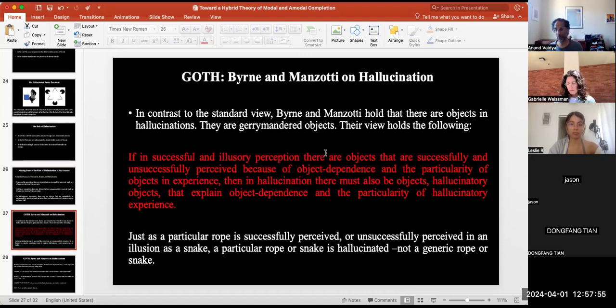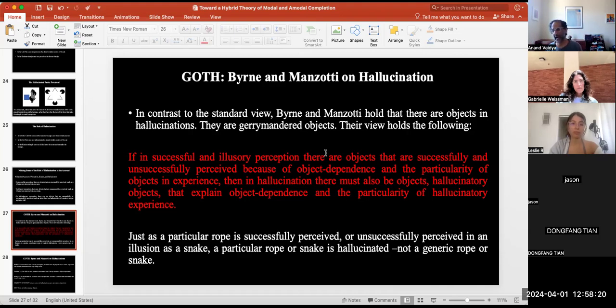Okay, so really recently, there has been a monumental challenge to this view. I'm not saying it's correct, but it's a theory of perception and hallucination that wants to claim that this is the incorrect view of hallucination. It's called the GOTH theory, G-O-T-H, which stands for the gerrymandered object theory of hallucination.